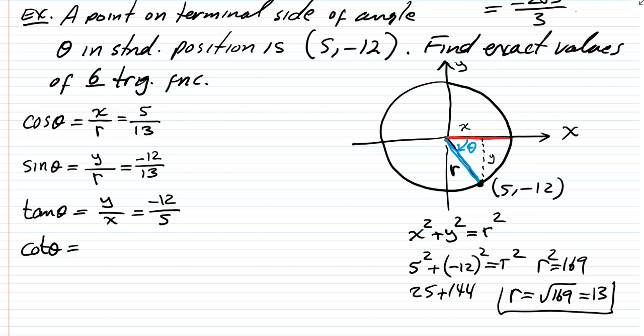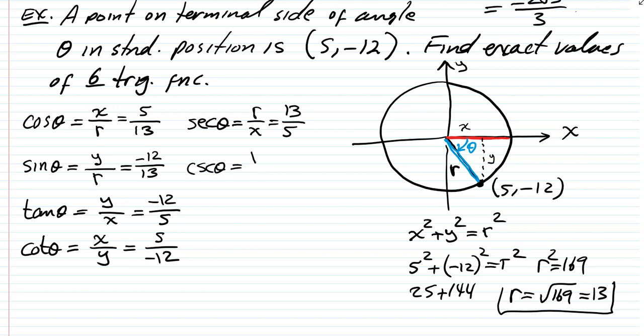Cotangent theta is the reciprocal of that, the reciprocal of tan. So that's 5 over negative 12. What about secant? Well, secant is r over x, which is the reciprocal of cosine. So it's going to be 13/5. And cosecant is going to be the reciprocal of sine, r over y, and that's going to be 13 over negative 12. And there you have it.